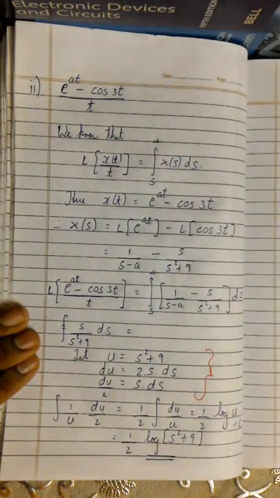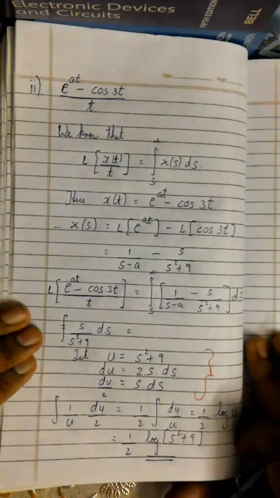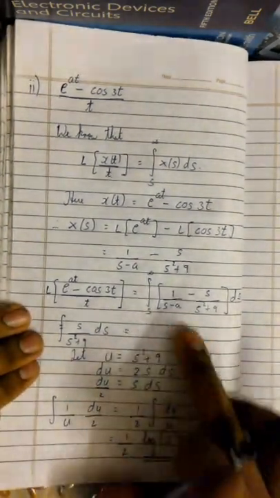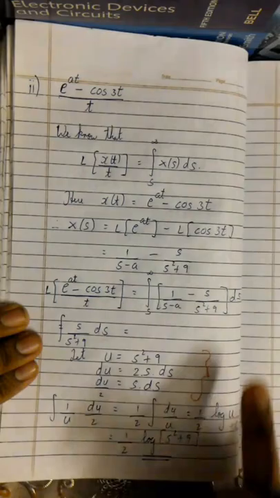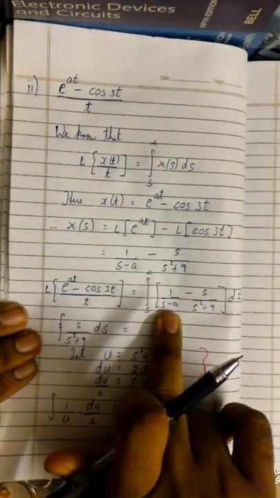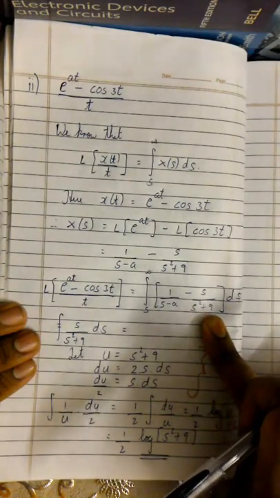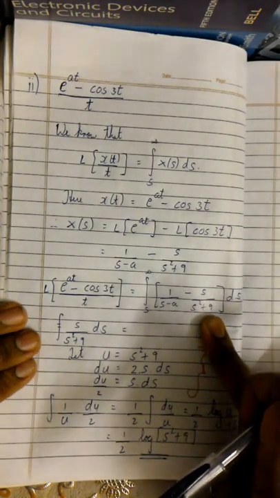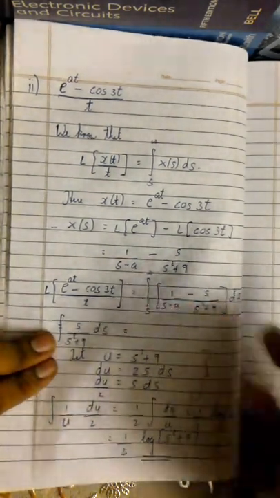Right. So now I'm going to apply this equation over here. I know the integral of this is log s minus a, and this is 1 by 2 log s square plus 9. So I'm going to substitute these things over here.